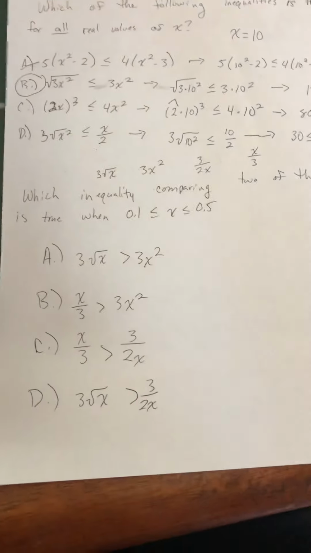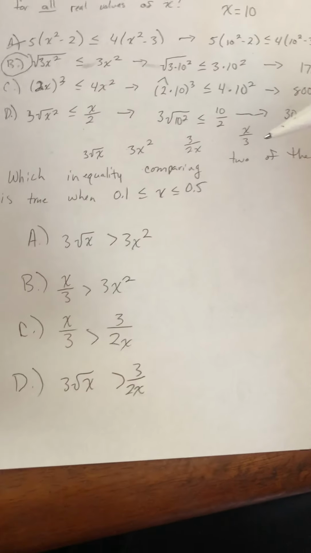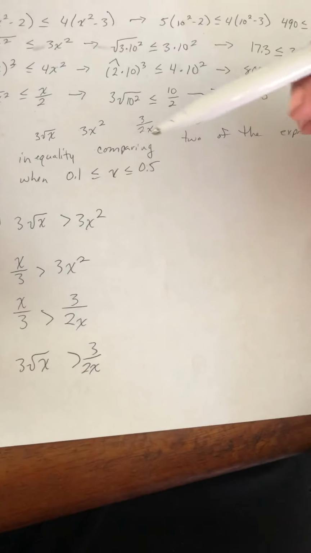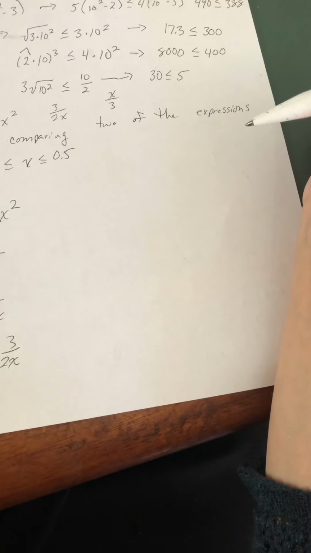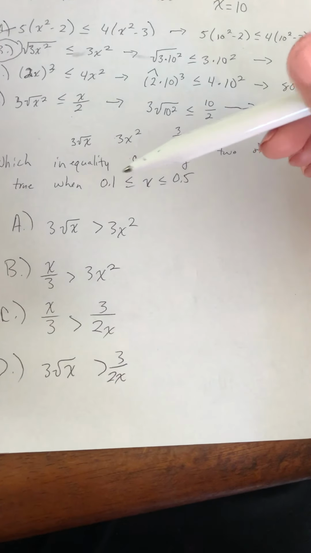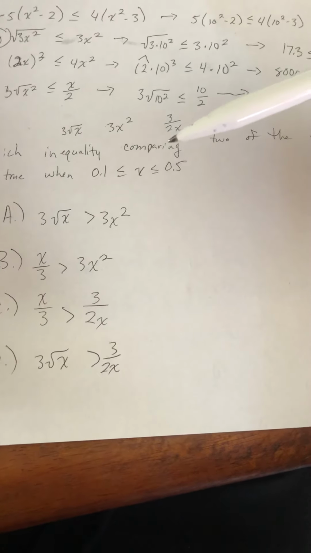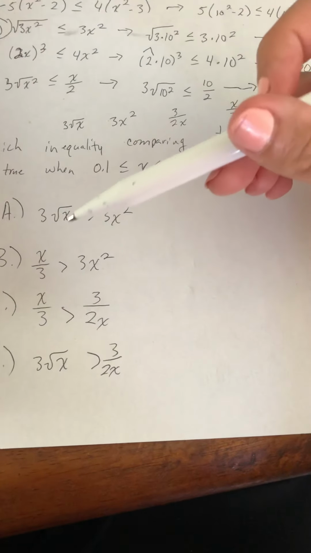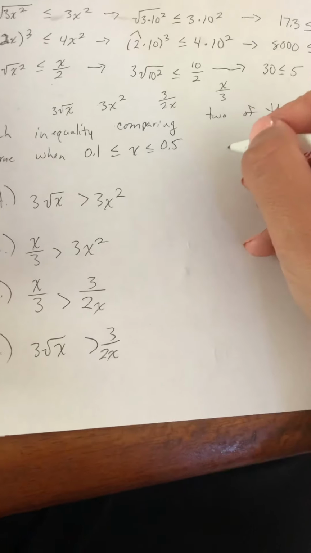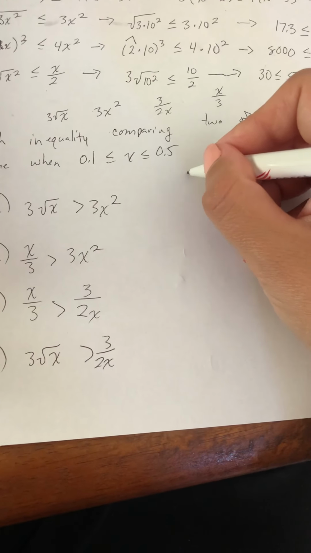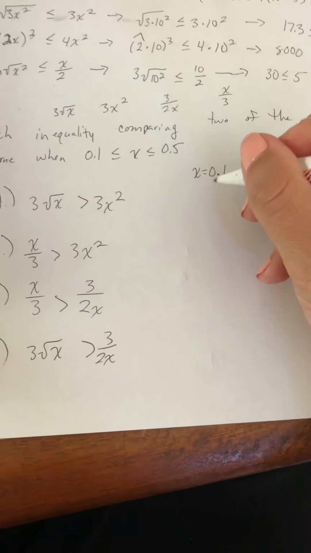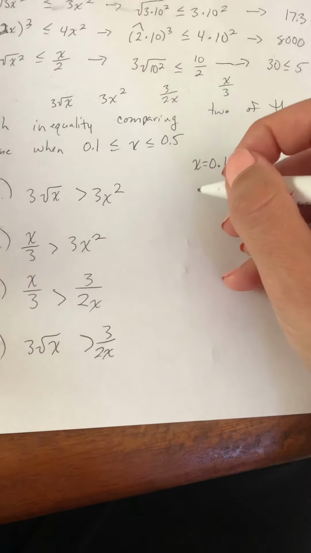And finally, you're going to be given a bunch of numbers. You're asking which inequality, comparing the two of the expressions, is true when x is between 0.1 and 0.5. So you have to take 0.1 and substitute it in for x, and then do the same thing for 0.5. So when x is 0.1, I'm going to take that and substitute it in there.